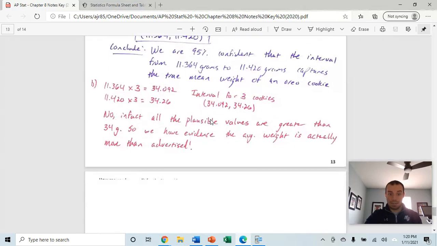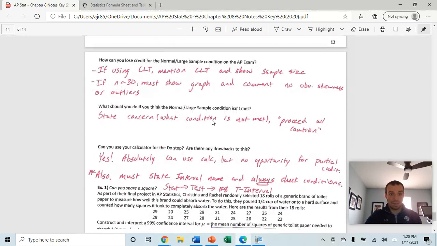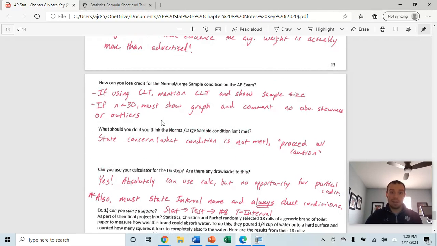We'll look at the next example in class. Final part of the notes that I want to talk about is how can you lose credit for the normal large sample condition on the AP exam? If you're using the central limit theorem, meaning that your sample size is greater than or equal to 30, you want to mention that you're using the central limit theorem and show that comparison. For example, 45 is greater than or equal to 30.